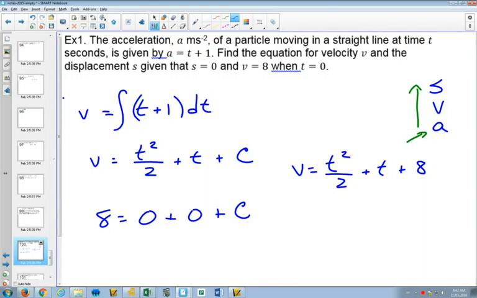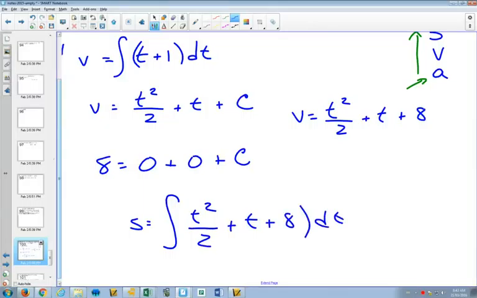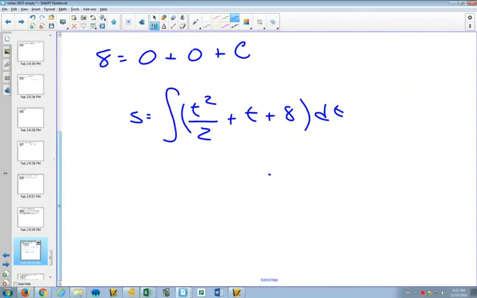So now to find our displacement, we're going to integrate again, with respect to t.